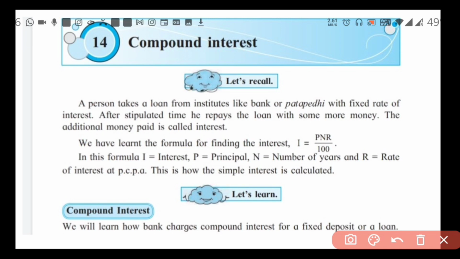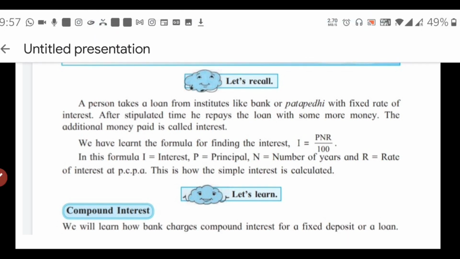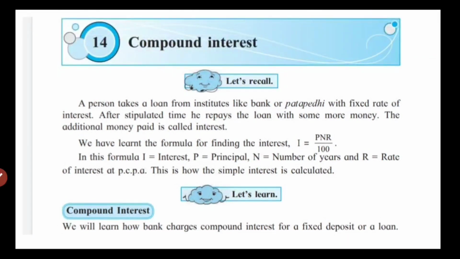The interest will be compounded, and that compound interest we are going to learn in this lesson. We will learn how the bank charges compound interest for fixed deposit or loan. For calculation of compound interest there is a different formula. We will see that formula first.